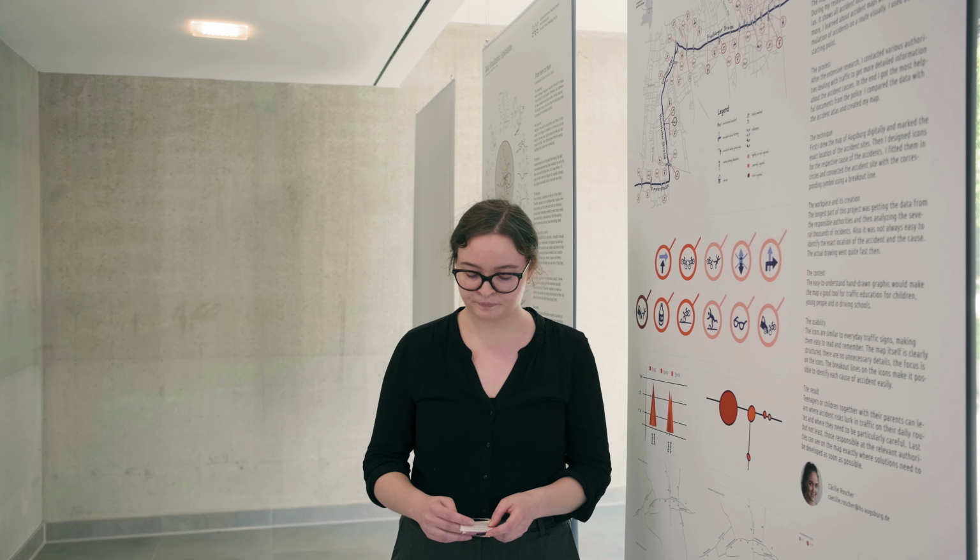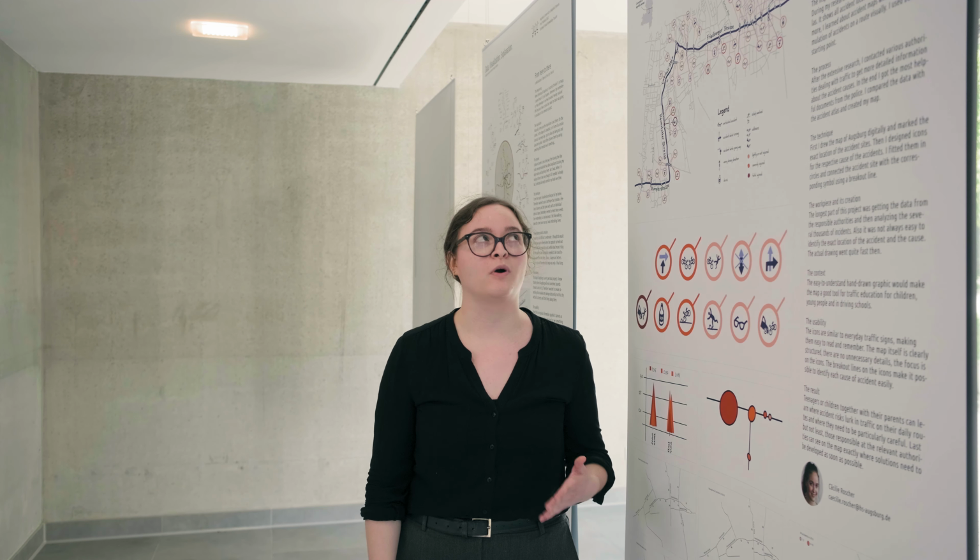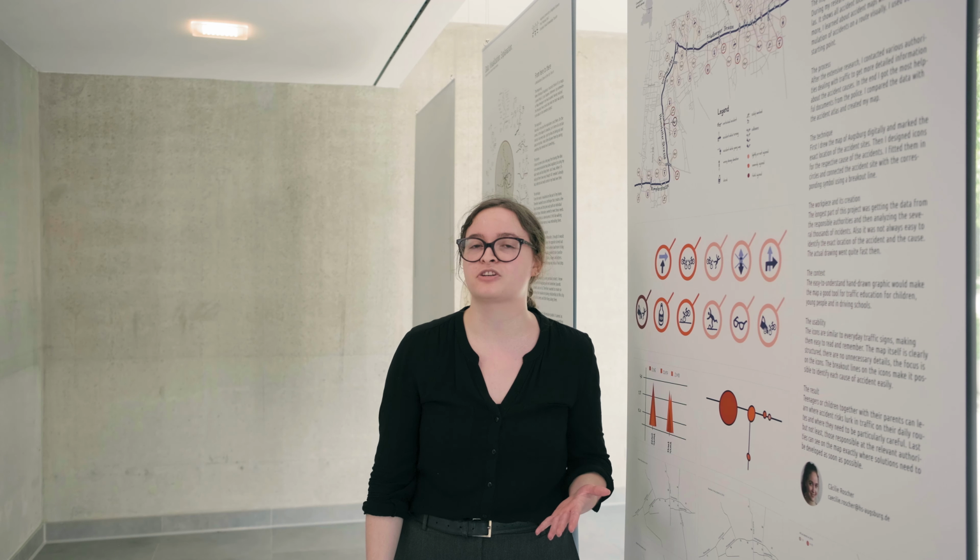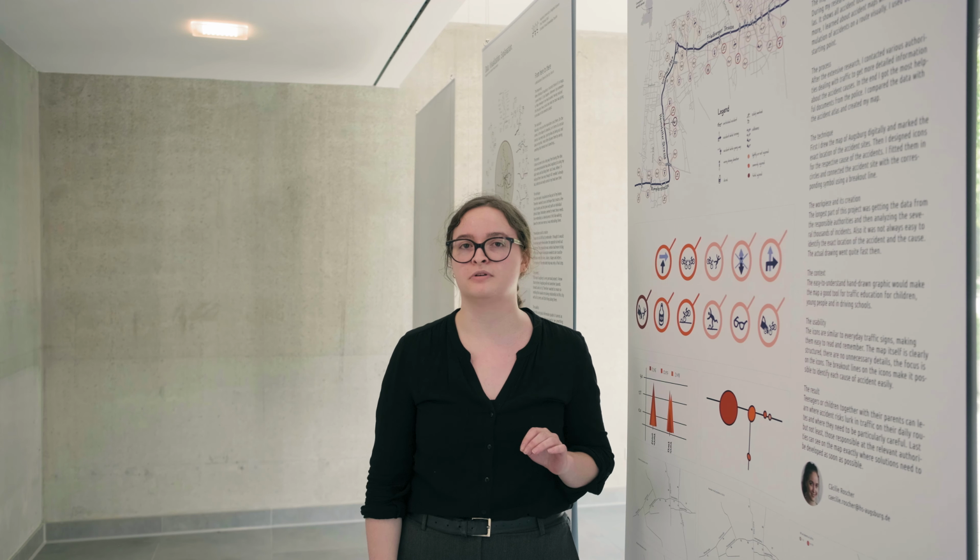At first I was not sure how much I would actually get and how much I had to analyze. I think in the end it was about 800 incidents, and I narrowed it down to only accidents involving pedestrians or bicycles.